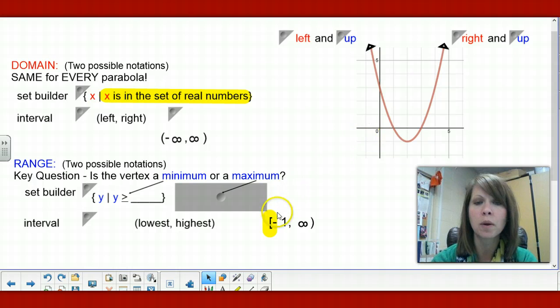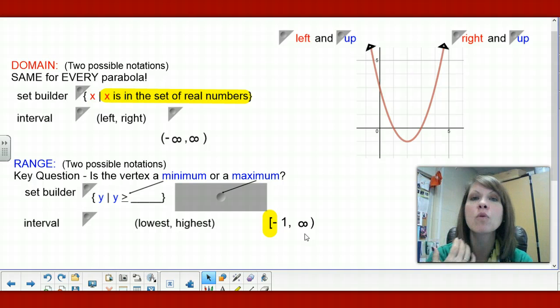We have a square bracket on the -1 for the same reason that we have an equal to on the range for the set builder: y is greater than or equal to -1. This means or equal to -1. -1 is the lowest. Now, as far as infinity is the highest, your y's can only approach that forever number. They can only approach positive infinity, but they will never actually equal positive infinity.